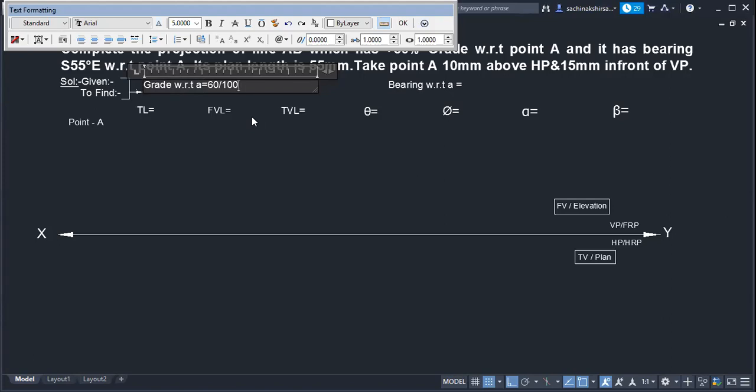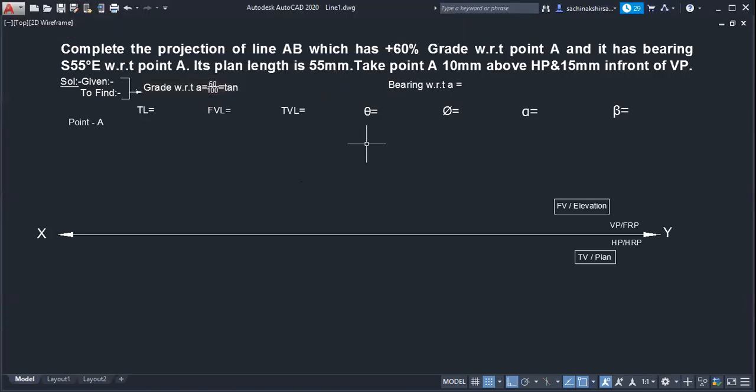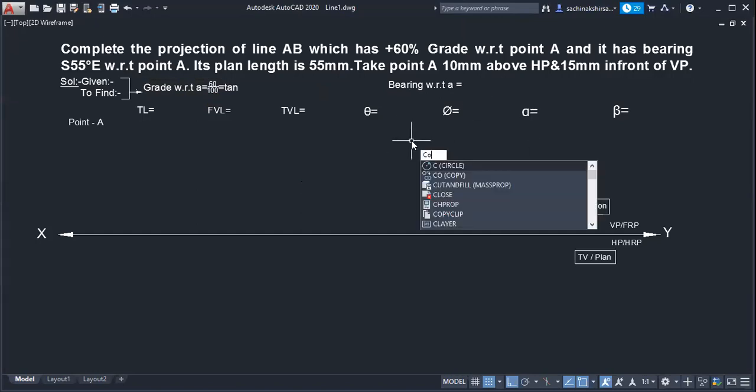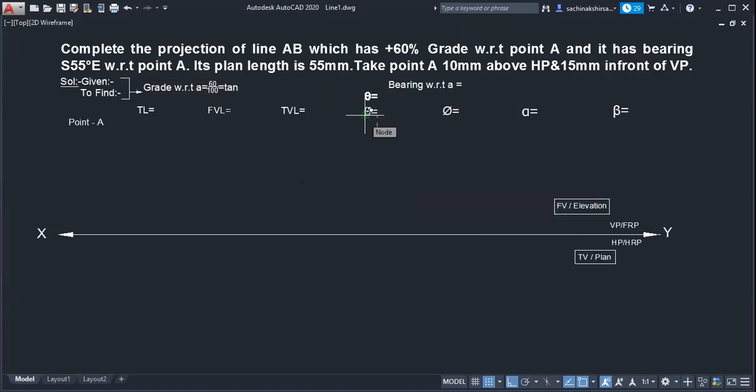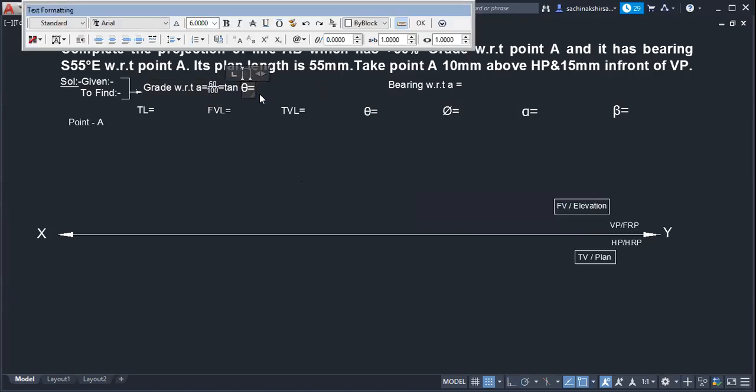Which is equal to tan theta. So from this, what will be the value of theta? Is it possible to calculate?